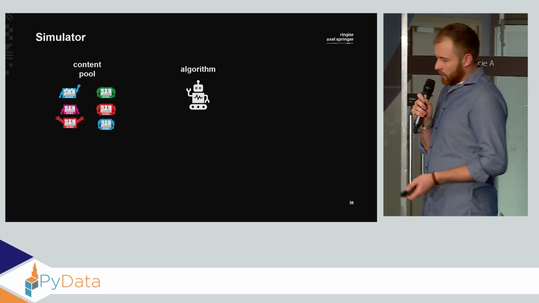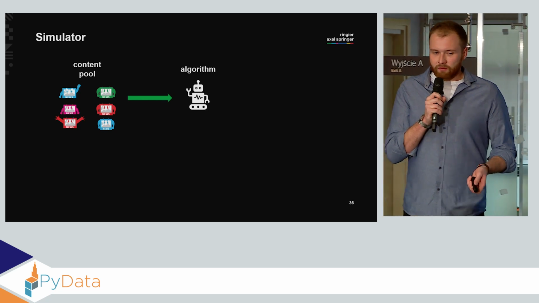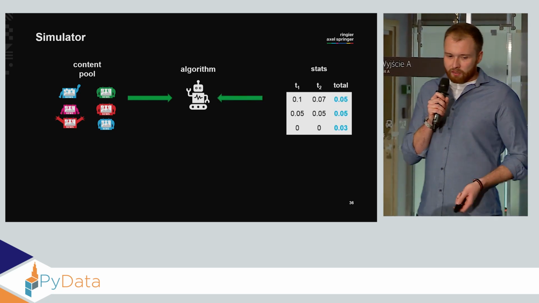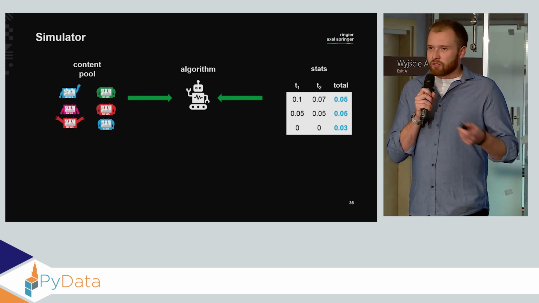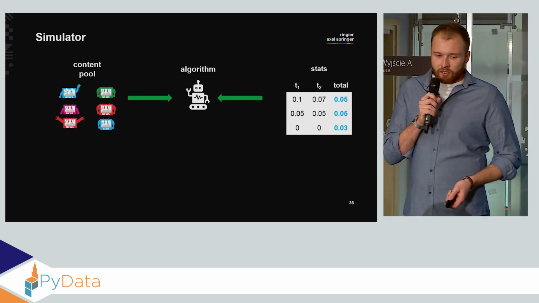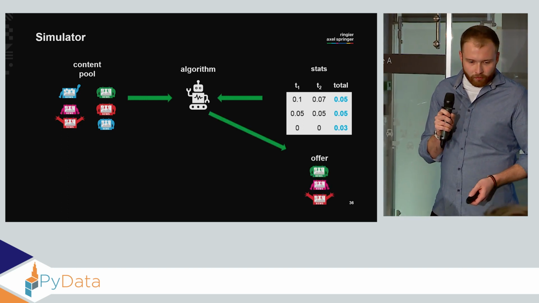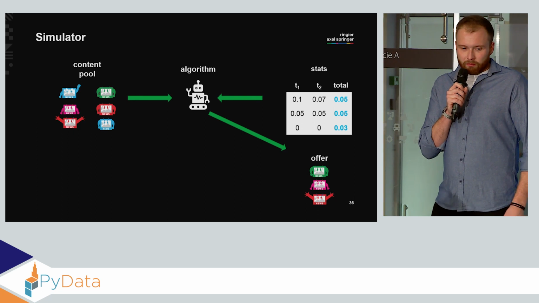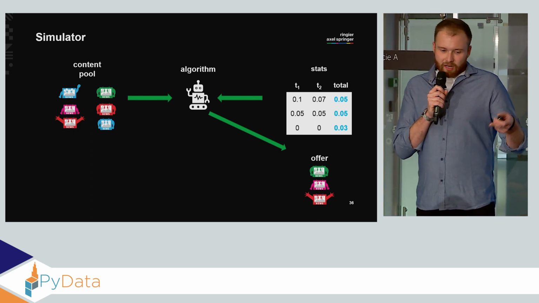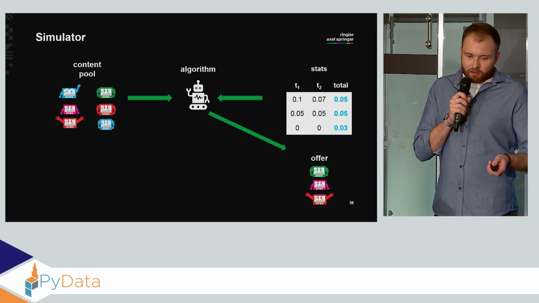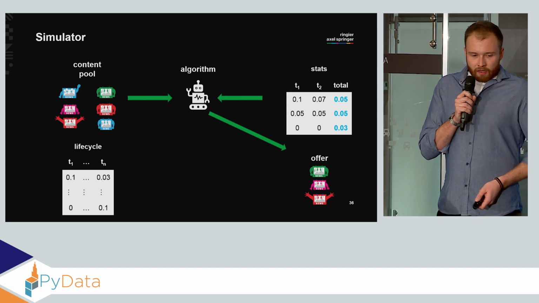That algorithm selects a subset of articles from the content pool, and its decision is based on stats which were accumulated in the previous trials. So the algorithm prepares the offer, which is a subset of articles from the content pool based on knowledge and estimated performance.